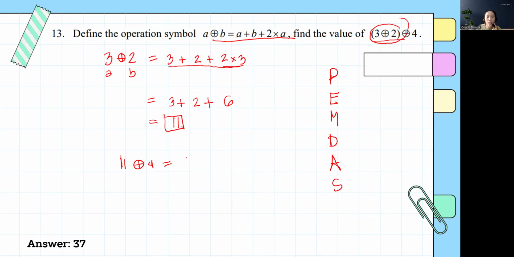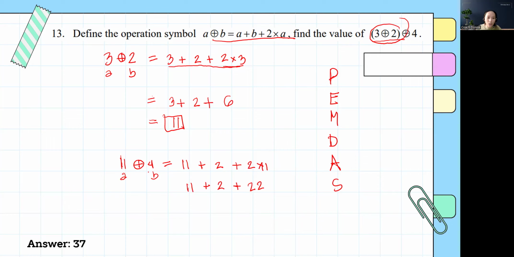This is again A, this is again B. So 11 plus 2 times 11. We'd have 2 times 11, that's 22. Again, multiplication first before addition, right? So 22 plus 11.